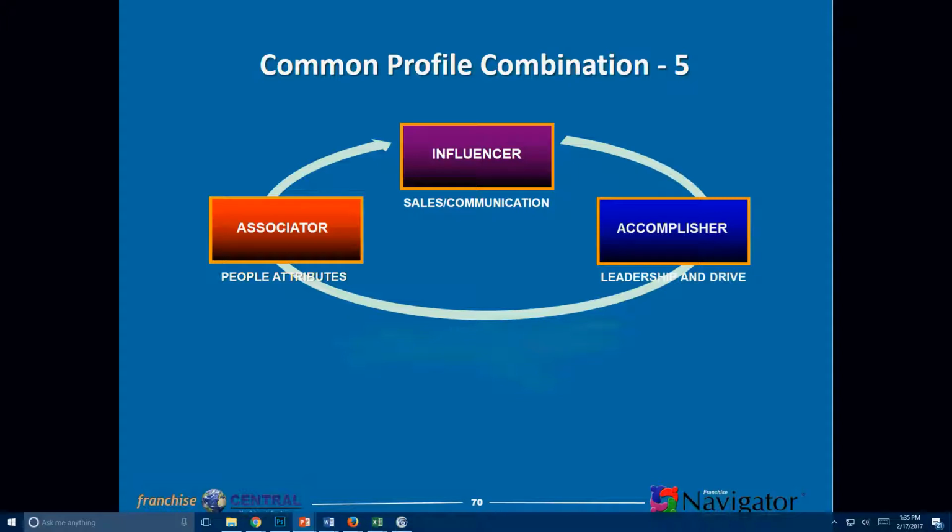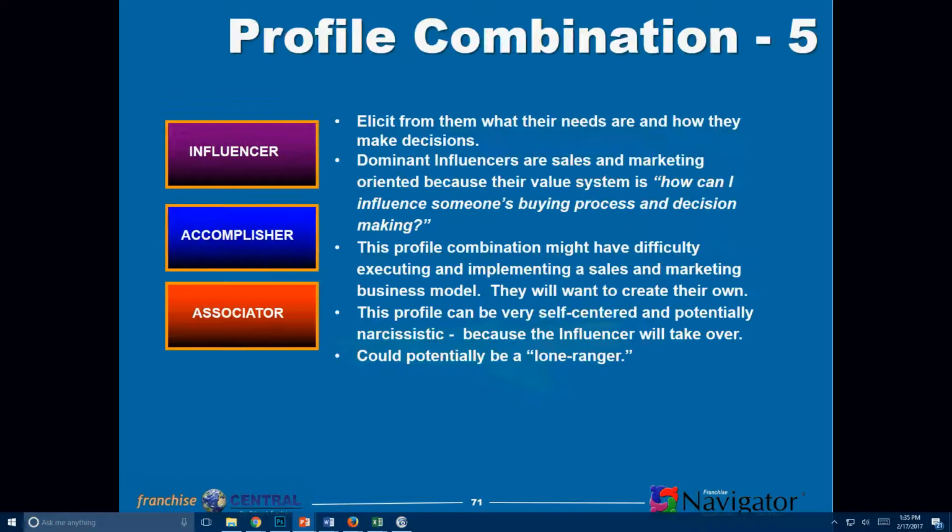And now we're looking at somebody who's a dominant influencer, accomplisher, associator. Well, right off the bat, with the influencer, let them pave the way, because they're not going to be forced into doing anything. It's got to be their way or the highway. So you want to elicit from them what their needs are, how they make decisions.